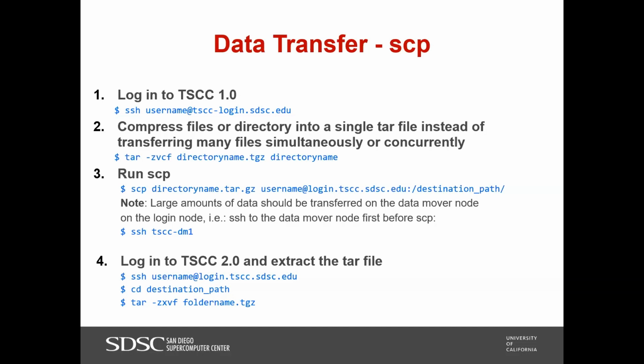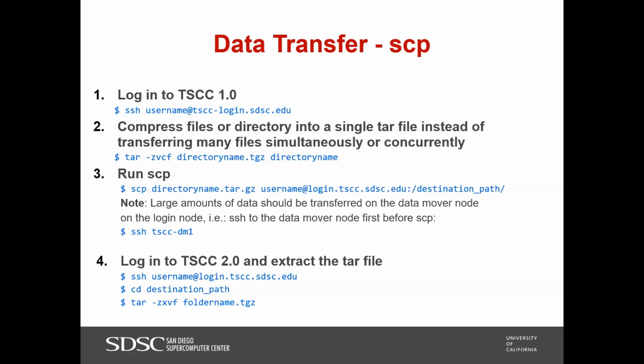Those are very commonly used when transferring files, and they are available on TSCC1 and TSCC2 nodes. You can just log into TSCC1, and please note, if you have hundreds, thousands, or millions of files to transfer, please consider compressing those files into a single tar file instead of transferring many files at once. You can use the tar command to make a large archive before the transfer, and then run the SCP command like this to transfer your files to TSCC2.